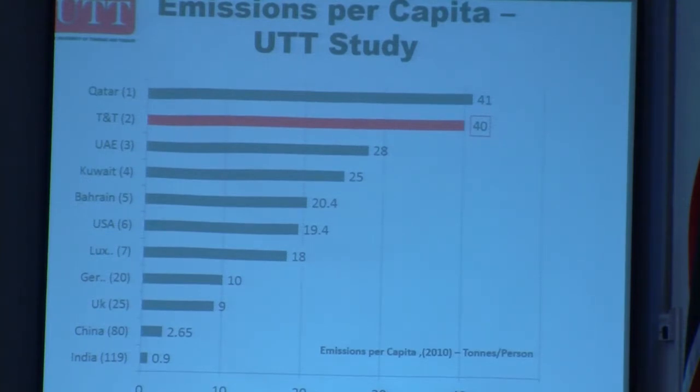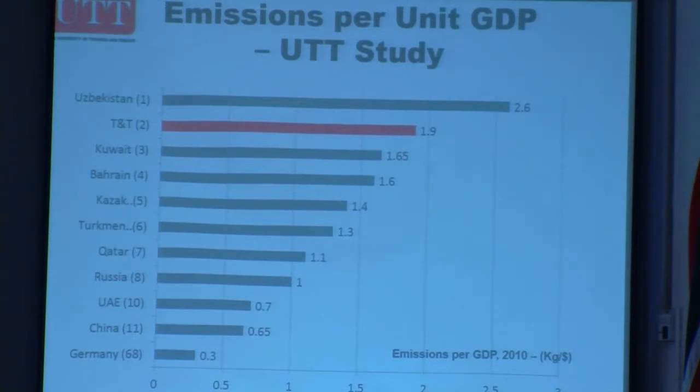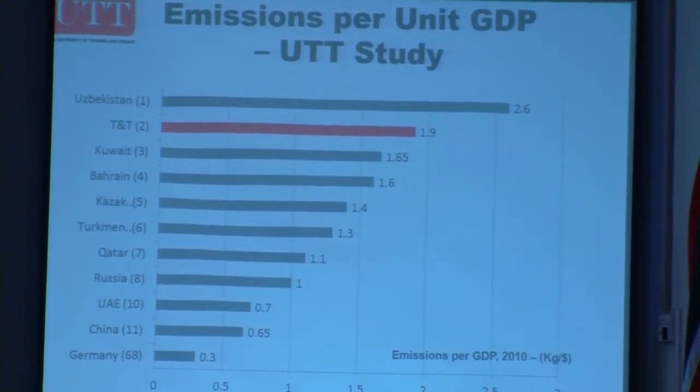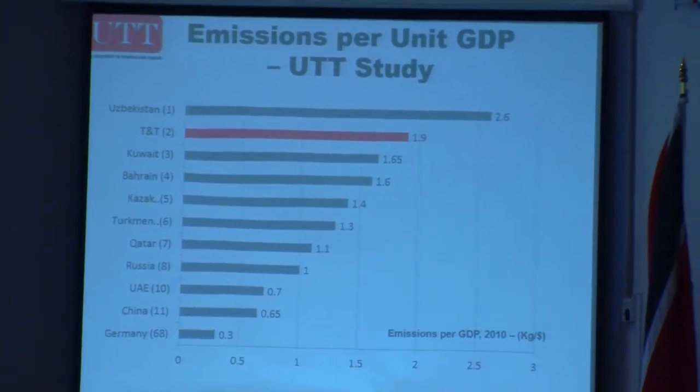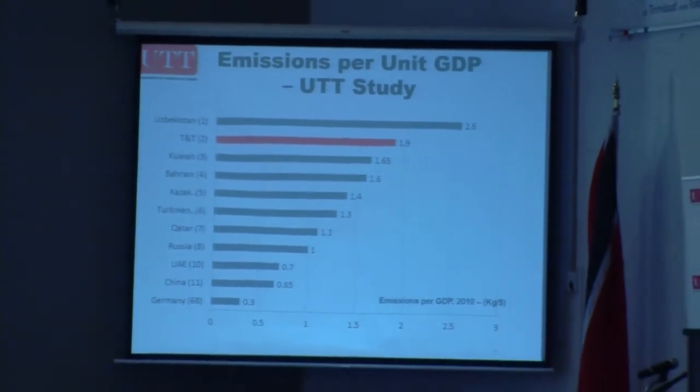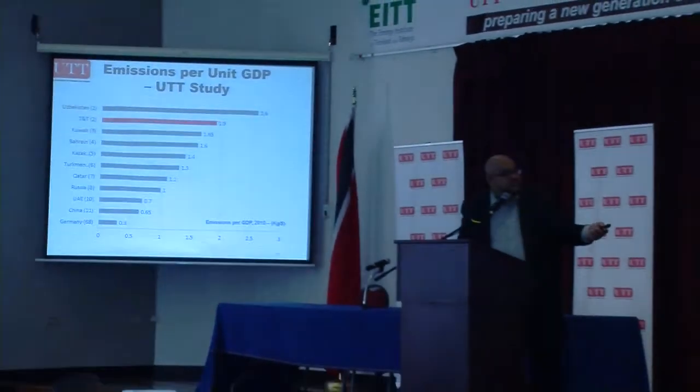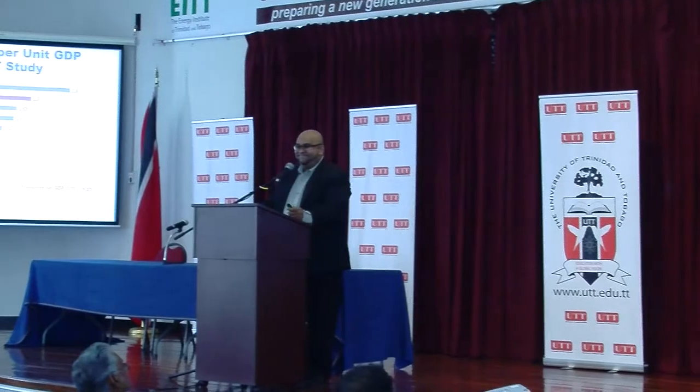And the population increased slightly for Trinidad. So we dropped a bit, but we're still second. In terms of emissions per unit GDP, in 2010 we were second. In 2015, we're still second. The numbers did not change much with respect to emissions per GDP, the quotient value.